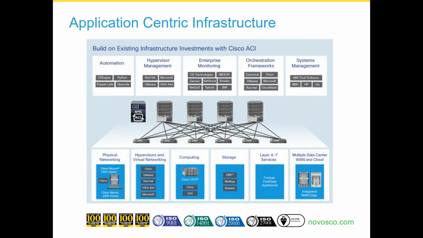But their ACI, the application-centric infrastructure, is really about taking physical networks, which are on Cisco kit, 2000, 7000 series Nexus, taking the hypervisors, Cisco, VMware, Red Hat, although let's be honest, again, I go back to VMware removing support for other manufacturers' virtual switches. So the Nexus 1000V that was is no longer going to be supported in VMware. Taking computing stacks, they've got a really good unified computing stack in UCS. Taking storage, whether that be things like Nutanix in terms of hyperconverged storage, NetApp, Dell EMC.